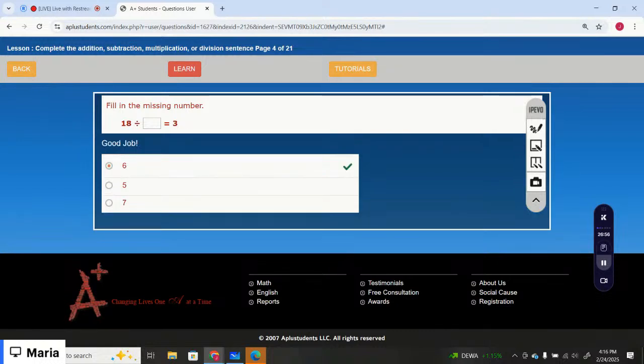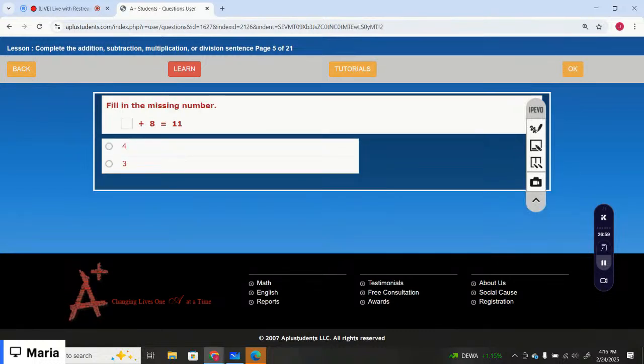Option number 1 is the correct option. That is 8 plus 3 equals 11. Option number 2 is the correct option.